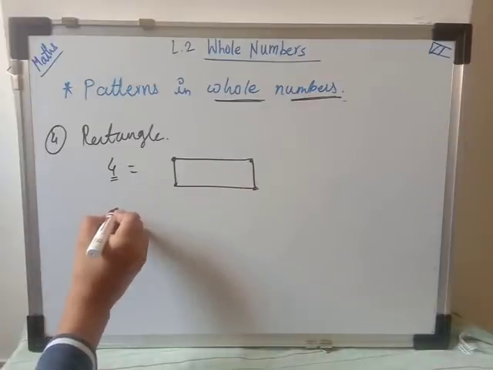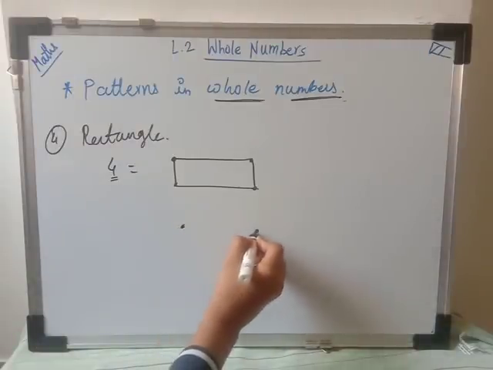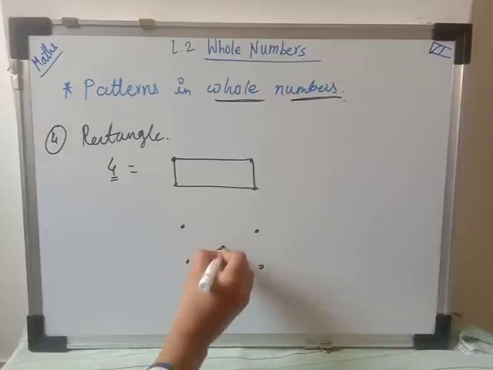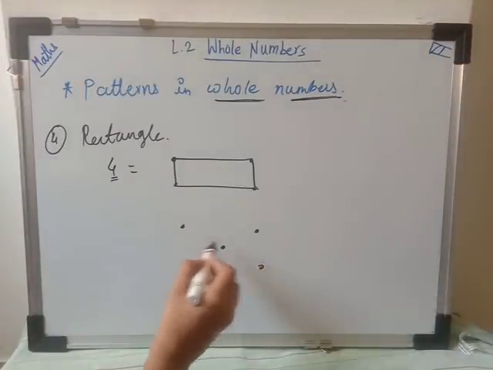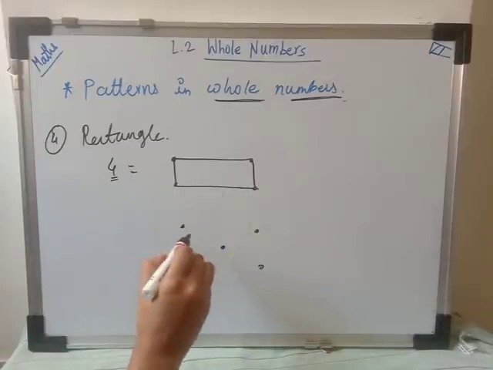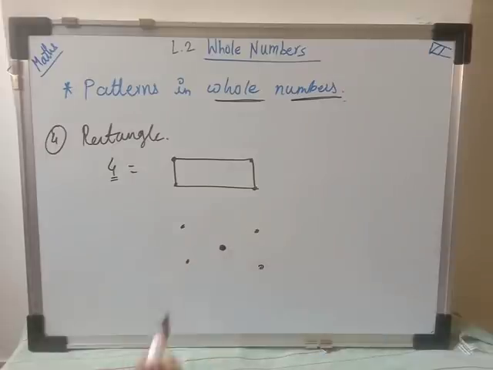So here, 5 we can't take, because if you arrange it this way, we can't. Next to each dot there should be the next dot, but here in the middle we can't put this dot. So we can't make a rectangle of 5.